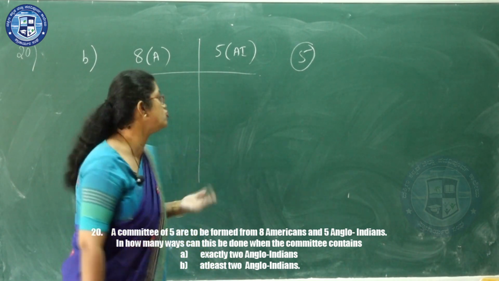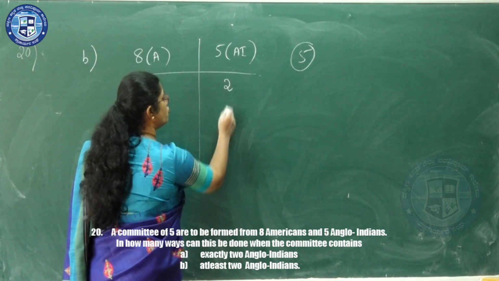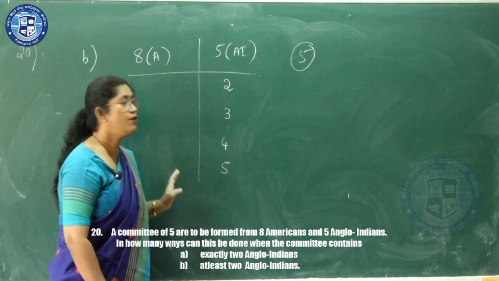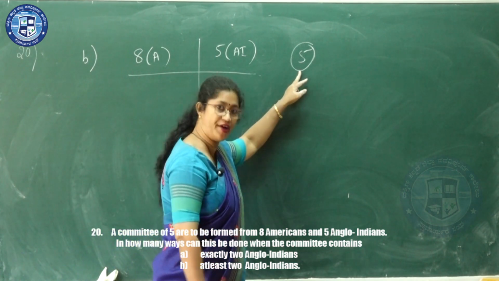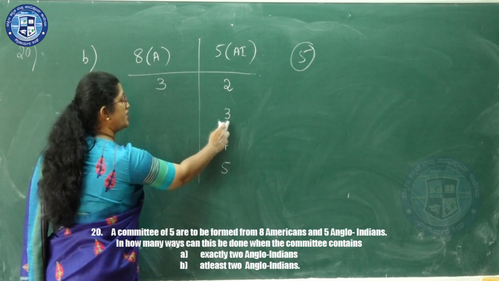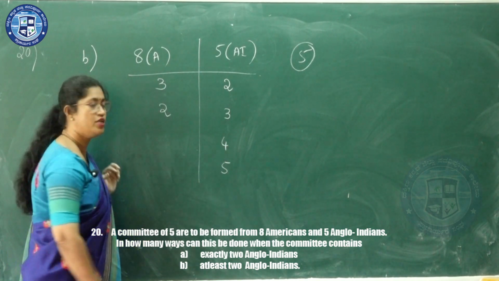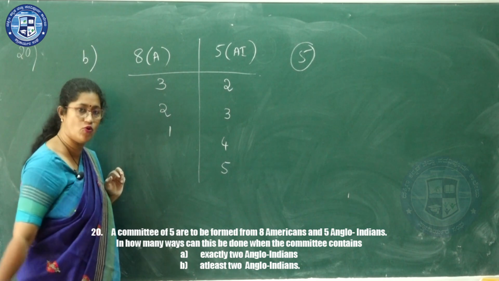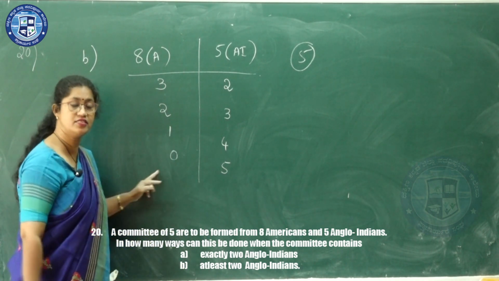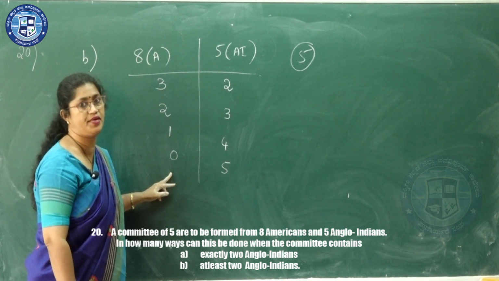At least 2 means 2 or more. So it could be 2, 3, 4 or 5. I want a total of 5. So if it is 2, to make it 5, I need 3 more. To make it 5, I need 2 more. To make it 4, I need 1 more. And to make it 5, I need nothing else over. So this is 0 from here.